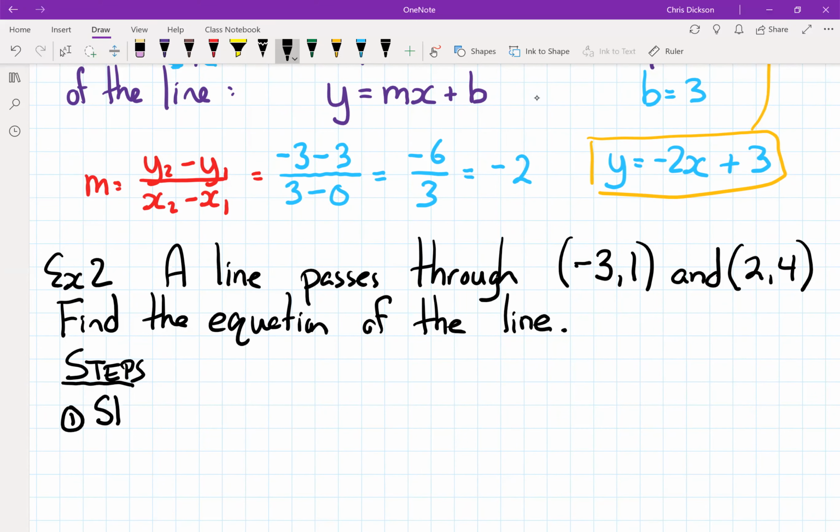So find your slope. Just don't make the mistake I just made, which was I took the x values over the y values. It has to be y over x. So find your slope first. That does take a bit of work. And then I would find the y-intercept, unless it's obvious where it is. So find the y-intercept. And then once you have those 2 things, you write your equation.